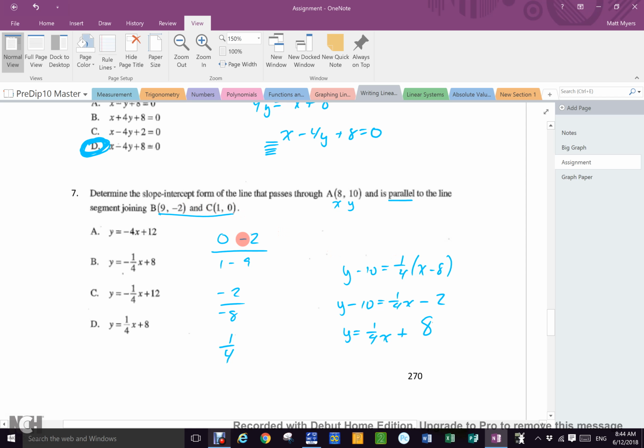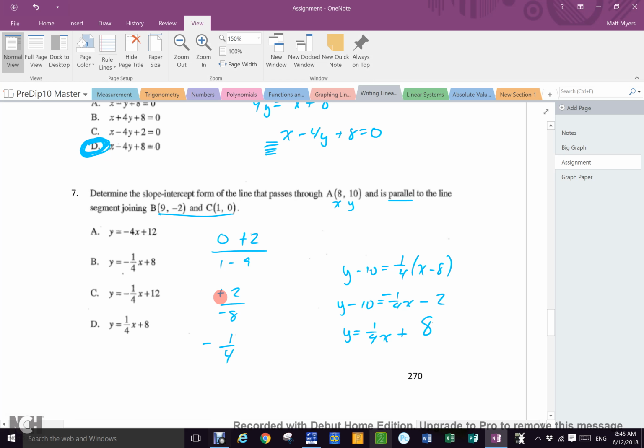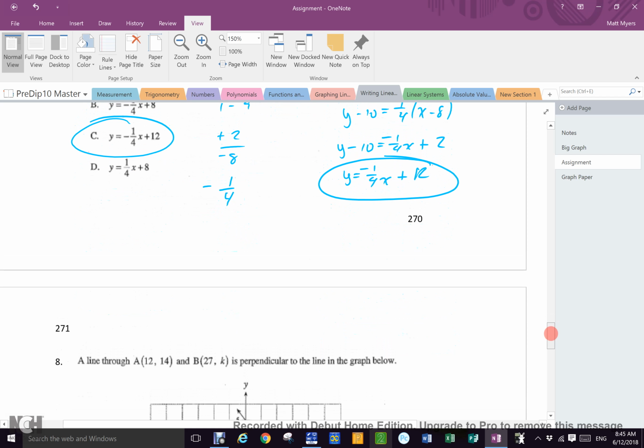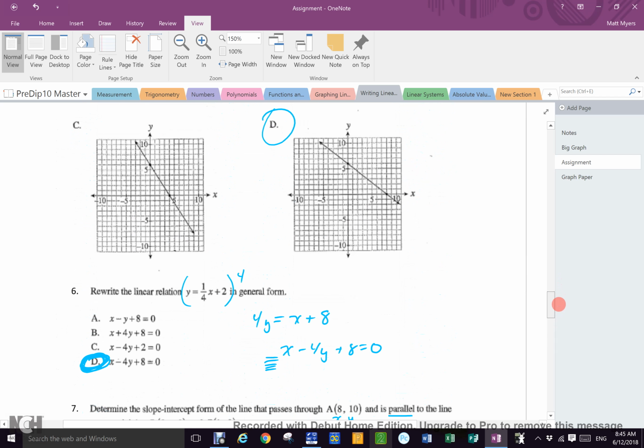Oh, yes, it should be plus 2. Thank you. So it should be negative 1/4 x plus 2. So it should be negative 1/4 x plus what? 12. Good job, Green. That one I didn't do on purpose. Making that page out of 1, 2, 3.